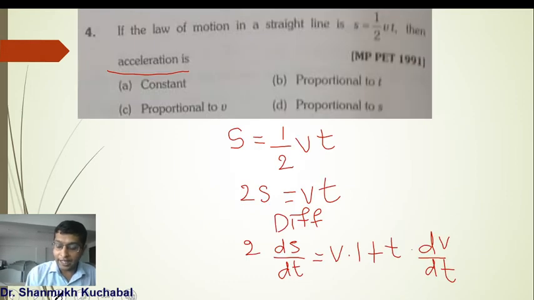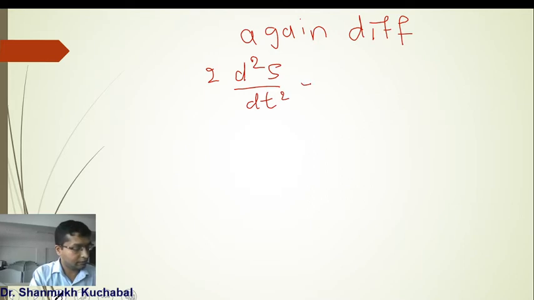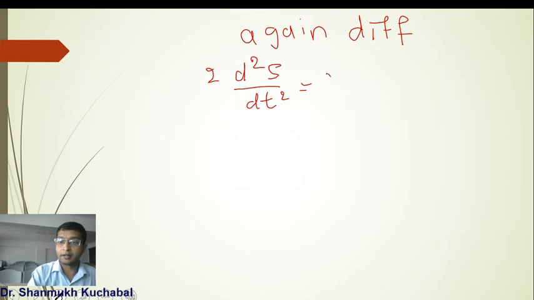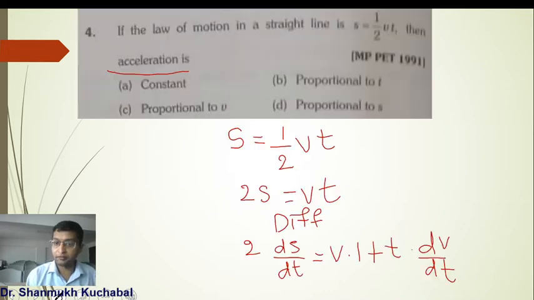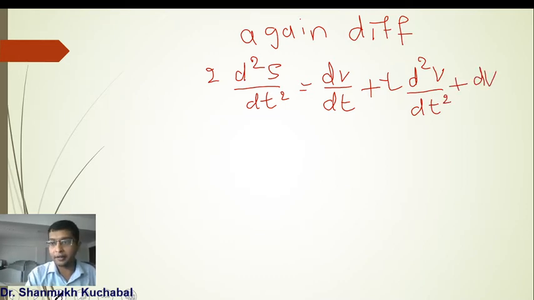So 2 as it is, ds by dt differentiation is 2 d square s by dt square equal to v differentiation is dv by dt, plus product rule, we have to use it for the function t into dv by dt. We get t into d square v by dt square plus dv by dt.